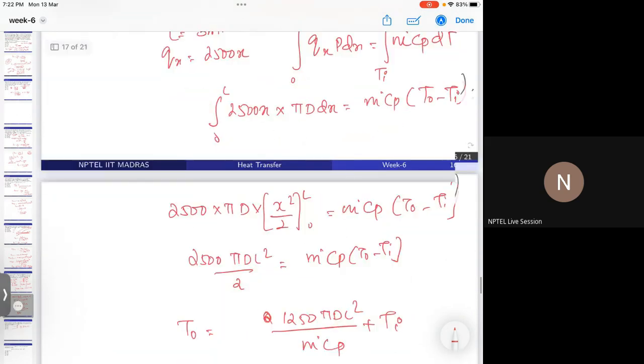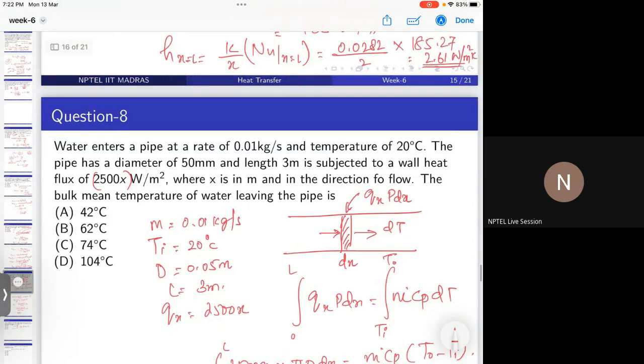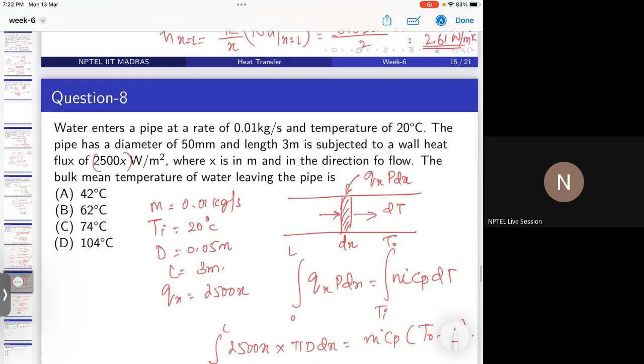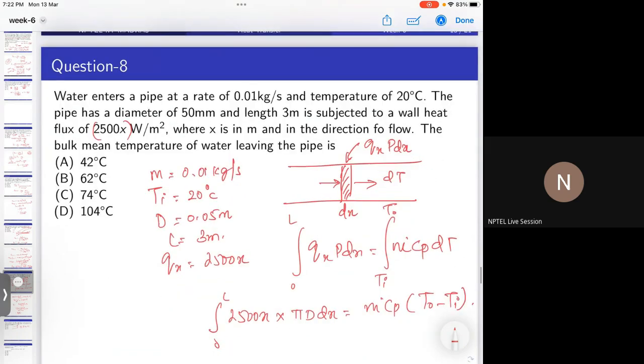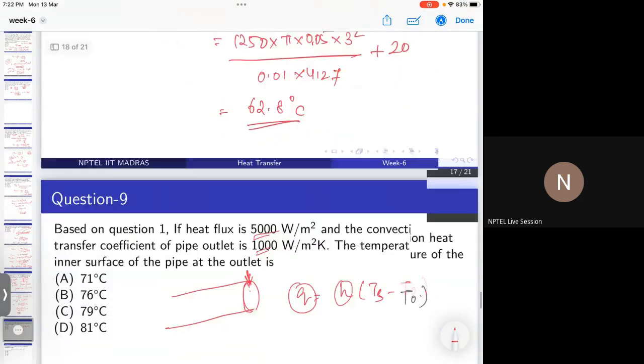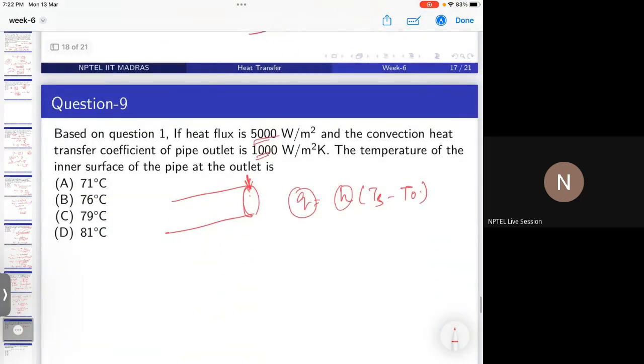Here, but the problem is the length is given. Okay, so according to this question, the heat flux at x equal to 3 meter, at the outlet, should be 7500. So you can check, you can calculate according to this, because heat flux is given as a function of 2500 times x.